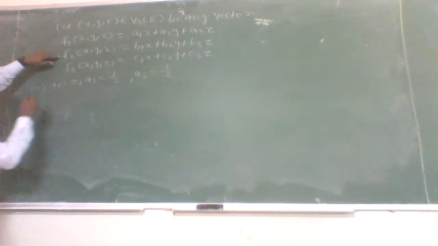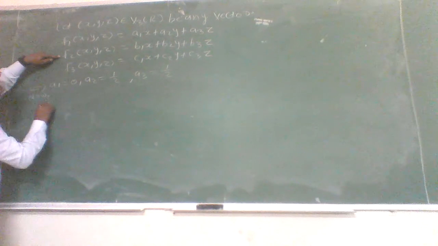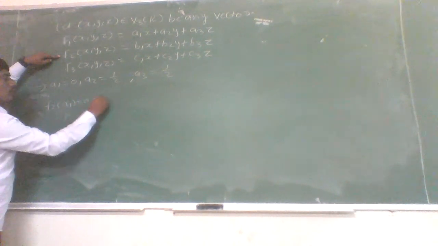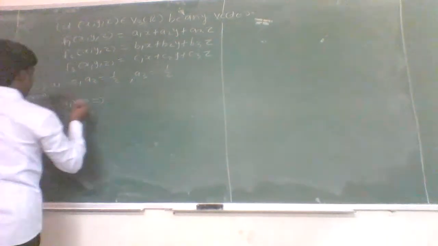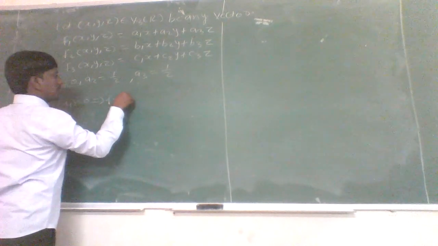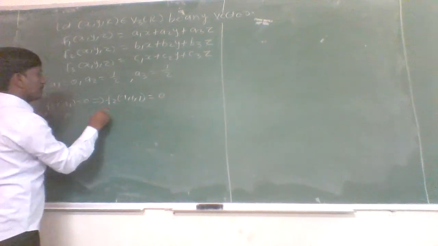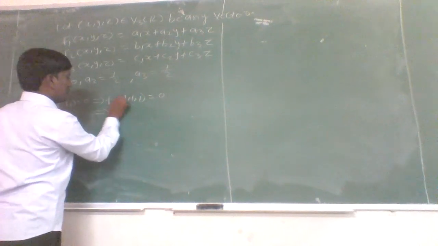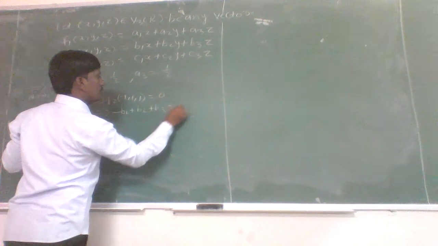Now F2 of alpha 1 equal to 0. And here alpha 1 is nothing but minus 1, 1, 1. F2 of minus 1, 1, 1 equal to 0, which is minus of B1 plus B2 plus B3 is equal to 0.